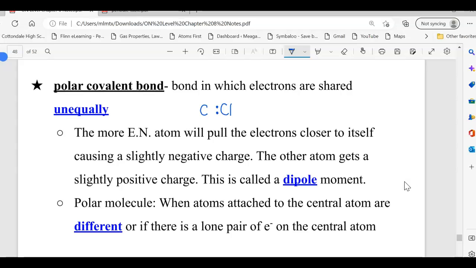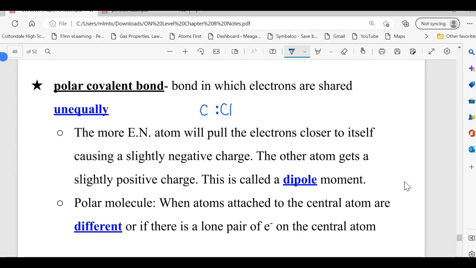So this means that there is an unequal sharing of electrons. They're not perfectly in the middle. This gives the chlorine a partial negative charge, and it gives the carbon a partial positive charge. This creates what's called a dipole moment. Basically you get a partial positive and a partial negative charge. They've got poles, a negative side and a positive side, like poles on a magnet.